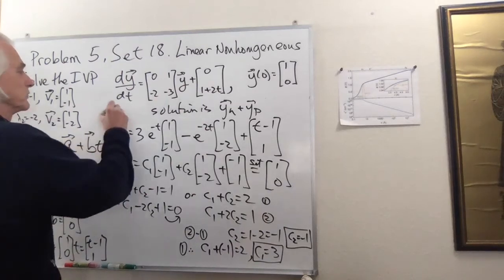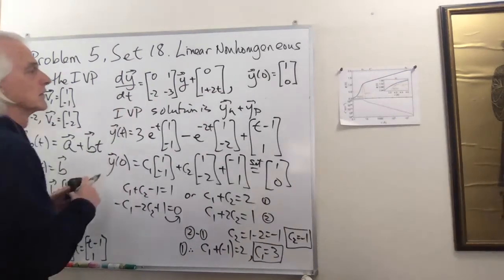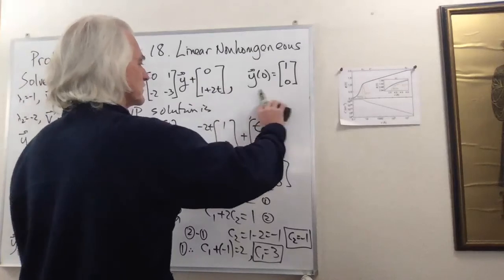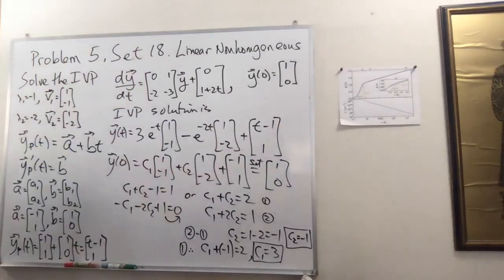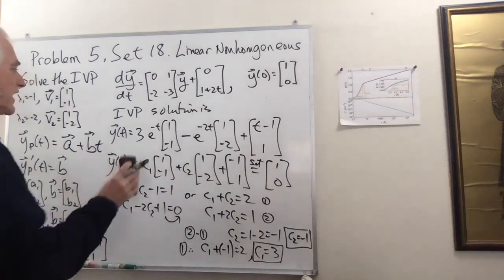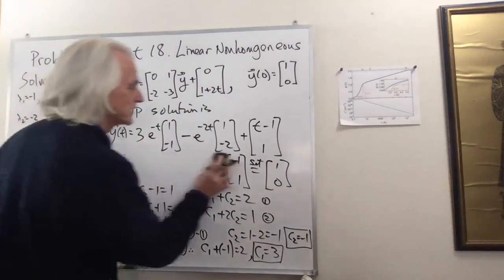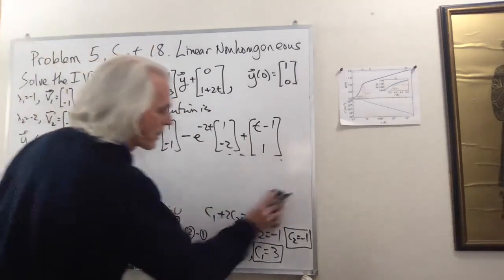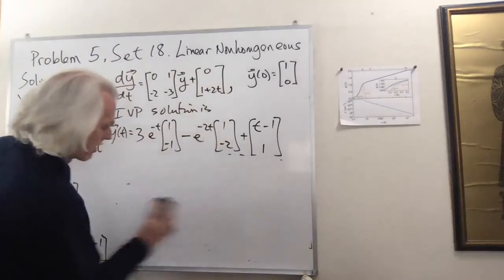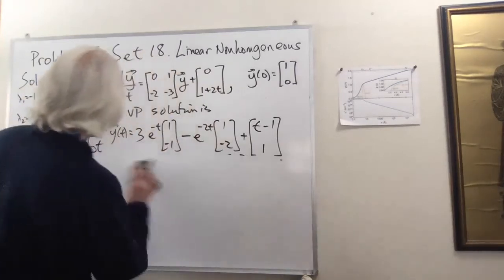That is the IVP solution. There's the solution to the initial value problem. Okay, so again, to enter this answer into WebWork, I've got to write just the two components.